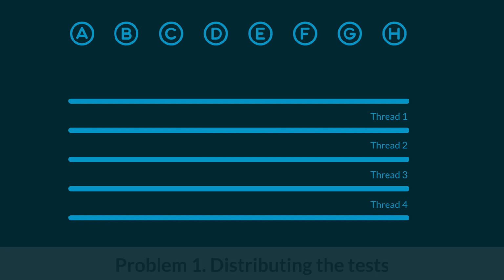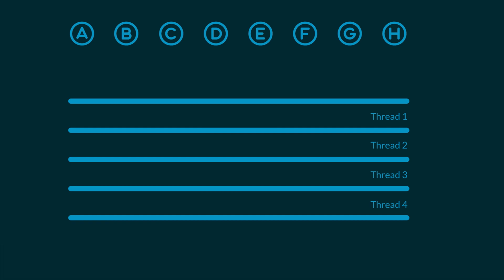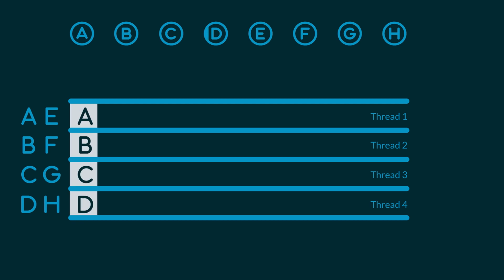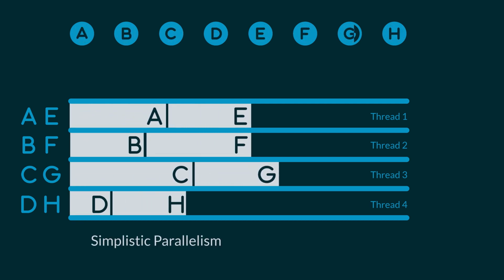The first is figuring out how to distribute the tests among the different agents. To do that effectively, we have to know how long each test is likely to take. Here, we'll just do parallelism by assigning tests A, B, C, and D in order to the 4 threads, and we'll do the same with tests E, F, G, and H. That makes things faster, but it's what we call simplistic parallelism.